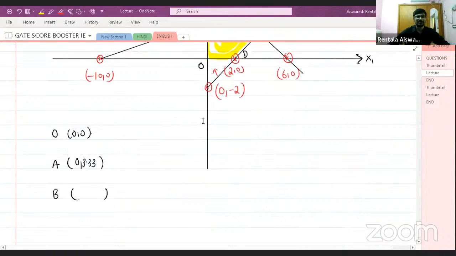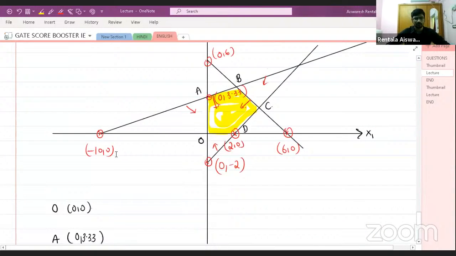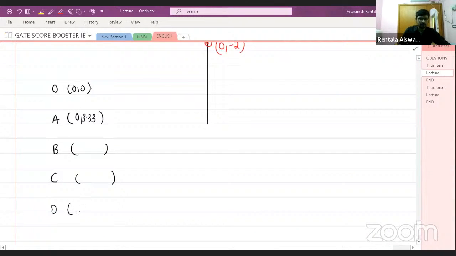Point B and point C, I don't know, so please let me know. And point D, I think I know, which is 2, 0. After this, you can calculate the value of Z. B value is 2, 4 and this will be 4, 2.